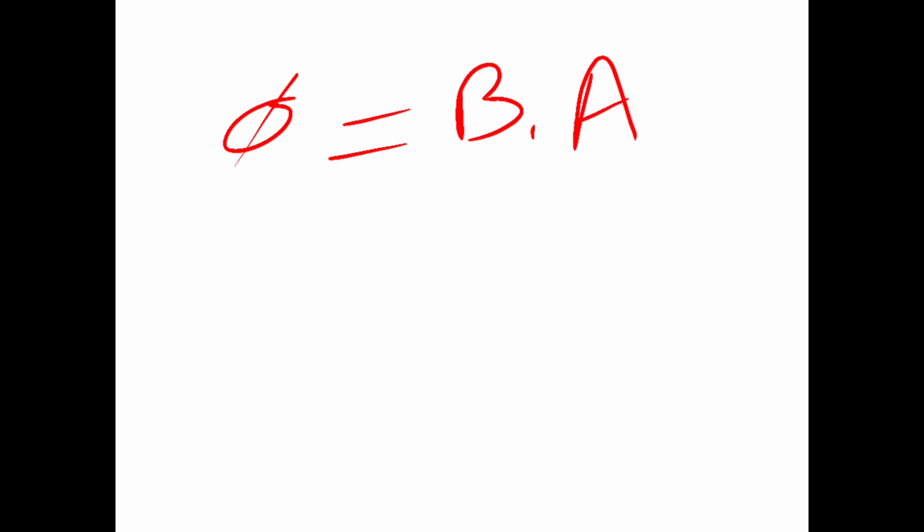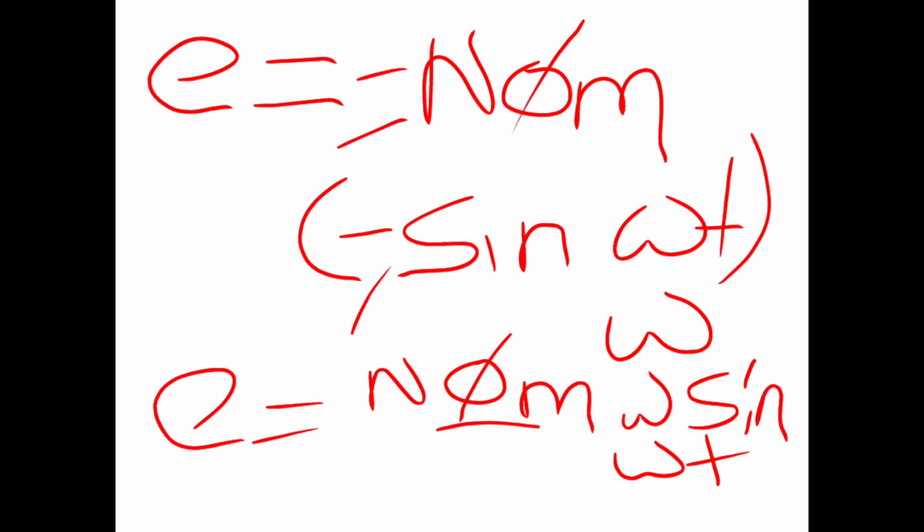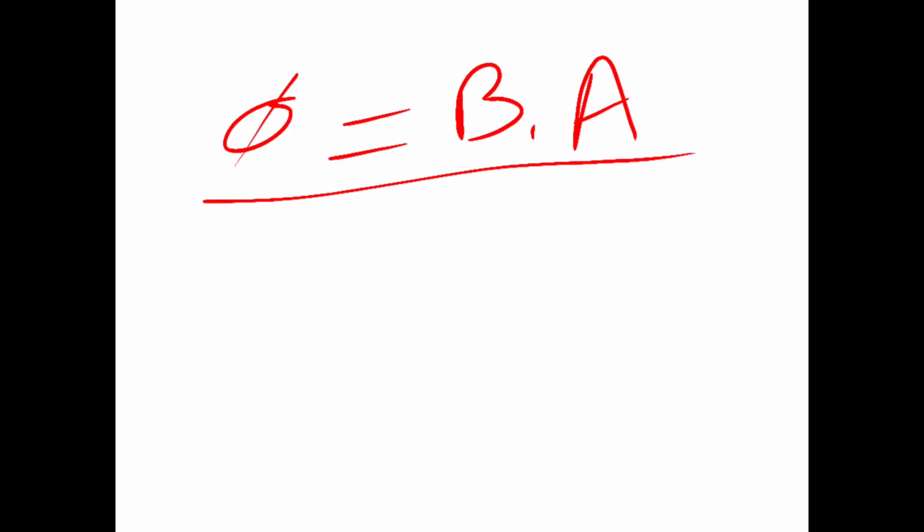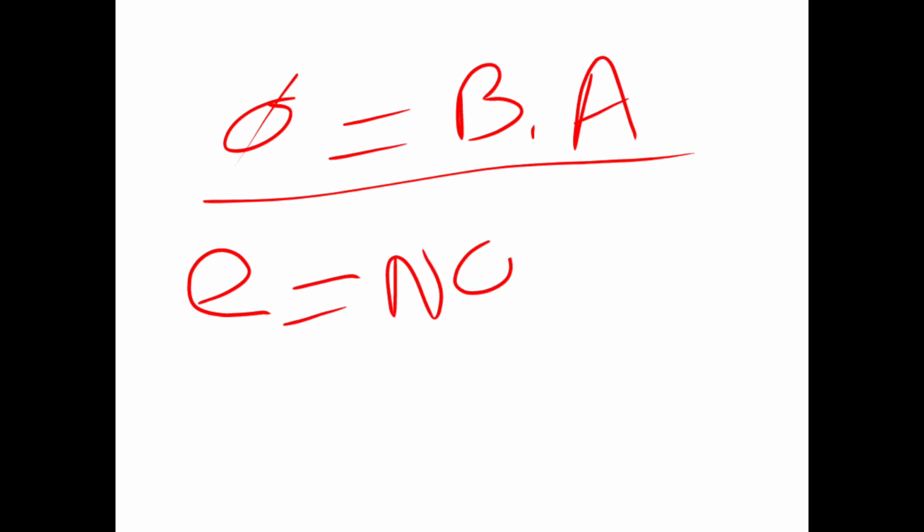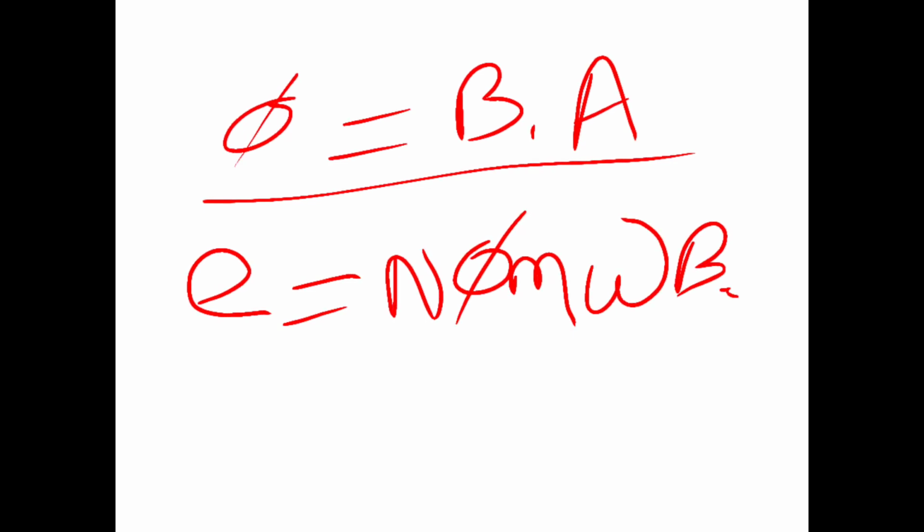We put this value of phi in our equation. So our final equation is E is equals to N phi m omega B dot A sin omega t.